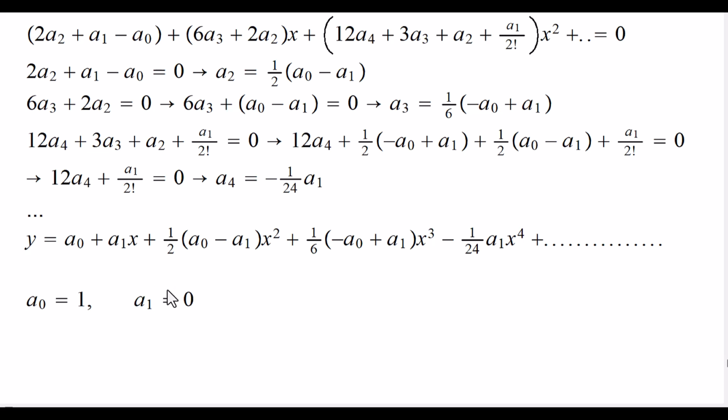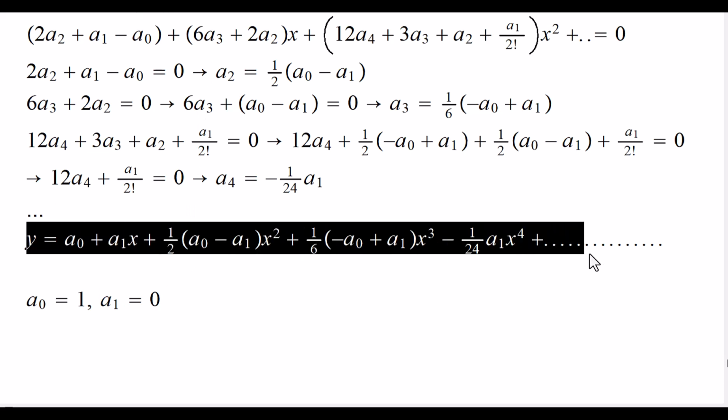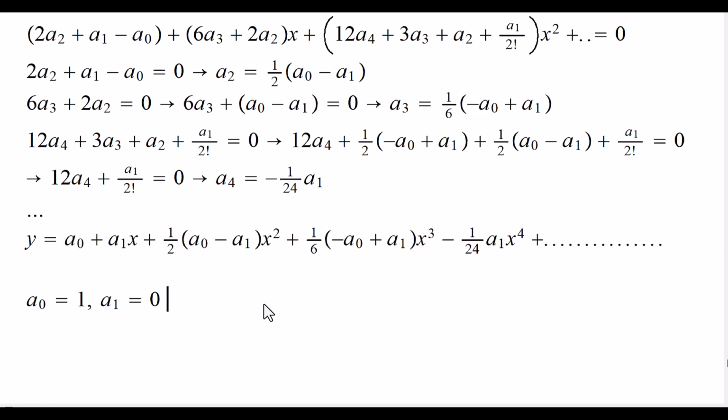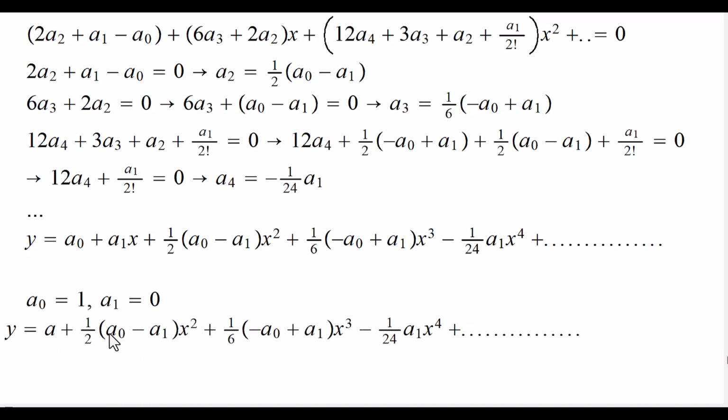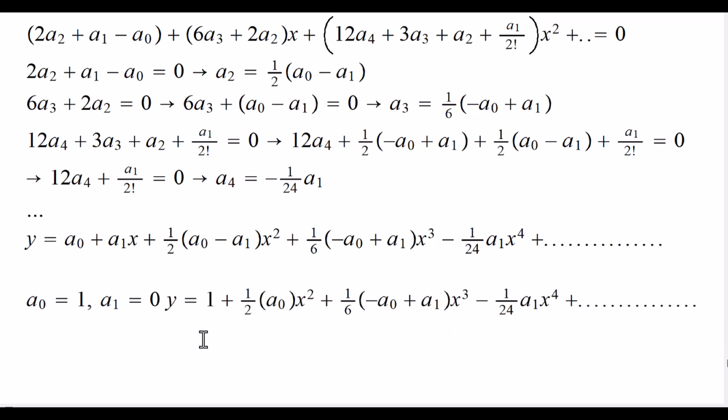Just easy quantities, okay? Or in other words, we are collecting their coefficients, okay? So if we did that, then that solution will be what? With these we have A0 as 1, right? And A1 as 0.